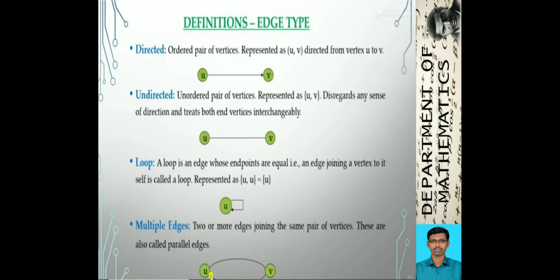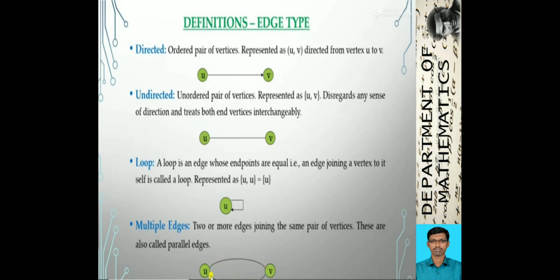Next one, loop. What is a loop? A loop is an edge whose endpoints are equal, that is, an edge joining a vertex to itself is called a loop. Represented as UU.